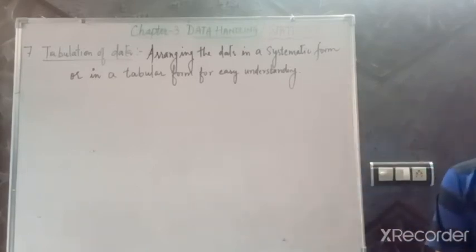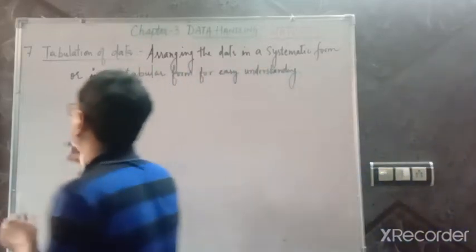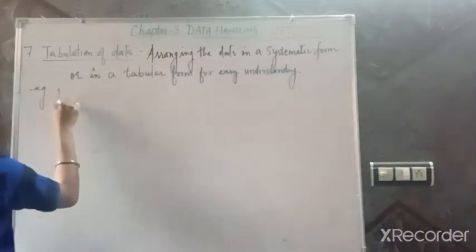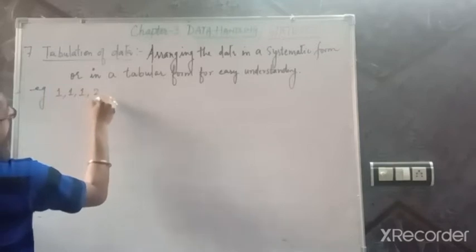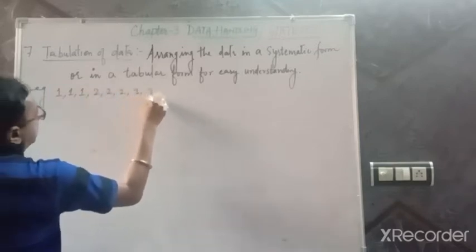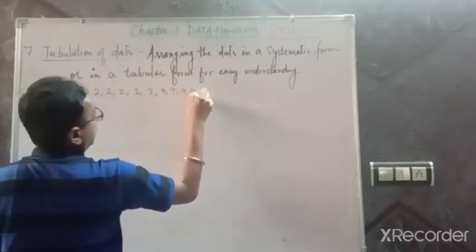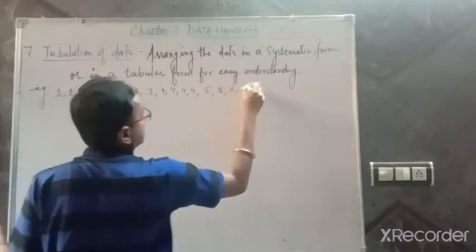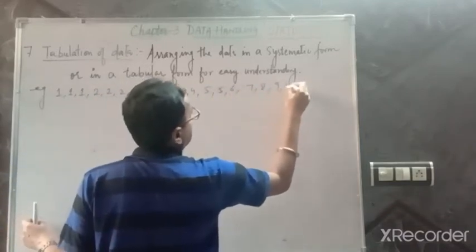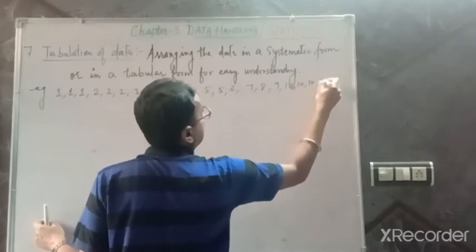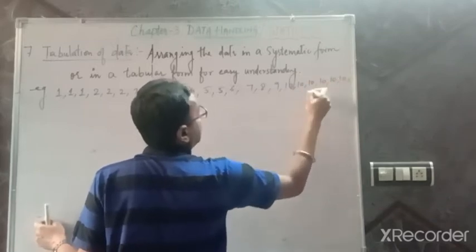Let me take again that particular example which I have taken earlier also. Let me write 1, 1, 1, 2, 2, 2, 3, 3, 4, 4, 4, 4, 5, 5, 6, 7, 8, 9, 10, 10, 10, 10, 10, 10 and 11.